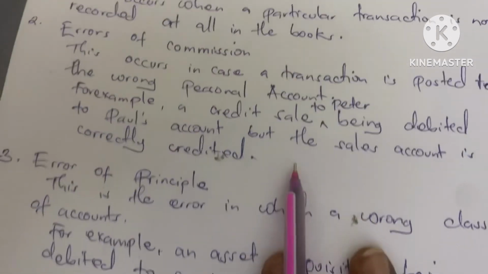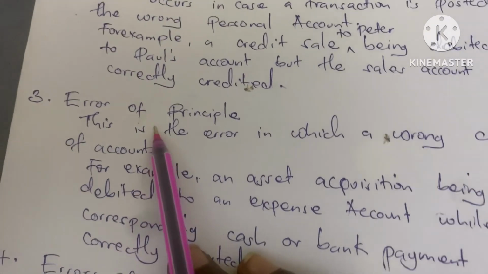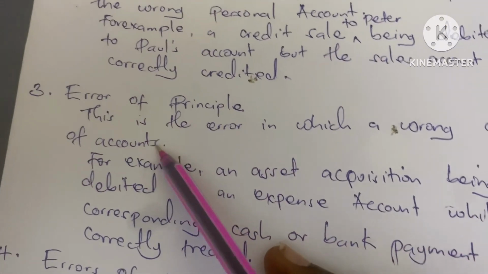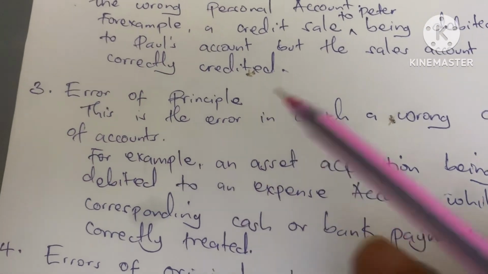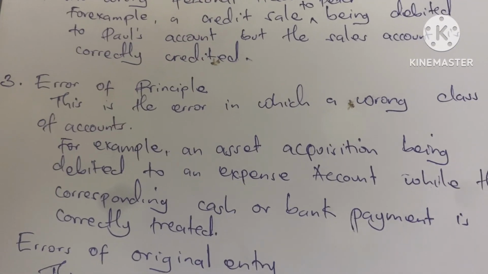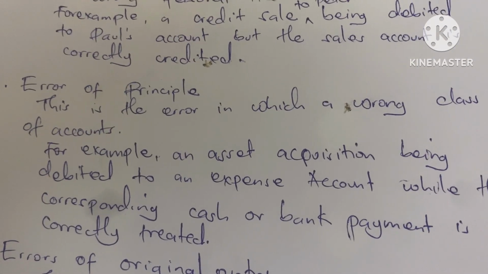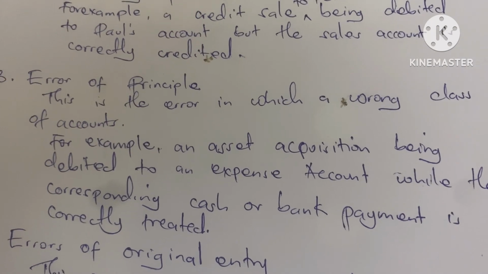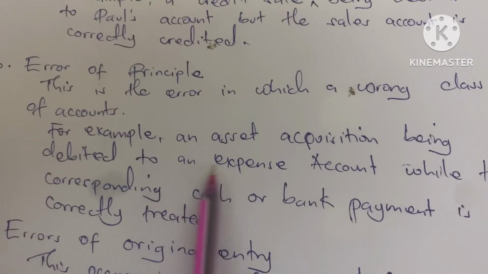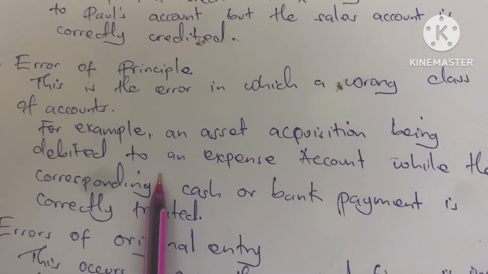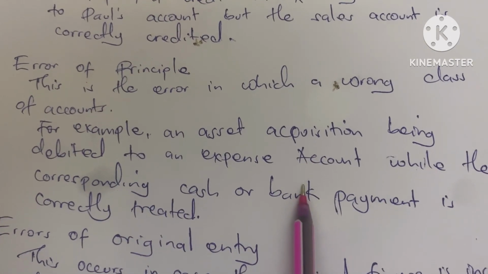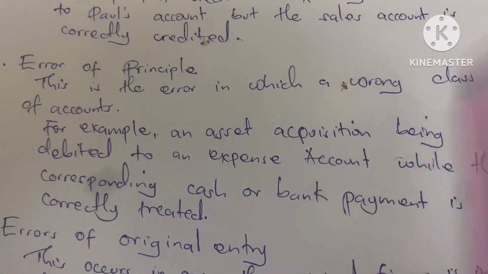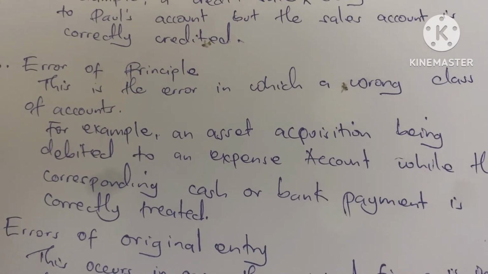Then another error we have is the error of principle. So this is the error in which a wrong class of account is used. A wrong class of account is used, but the figure that is used is the right figure. So for example, an asset acquisition being debited to the expense account.